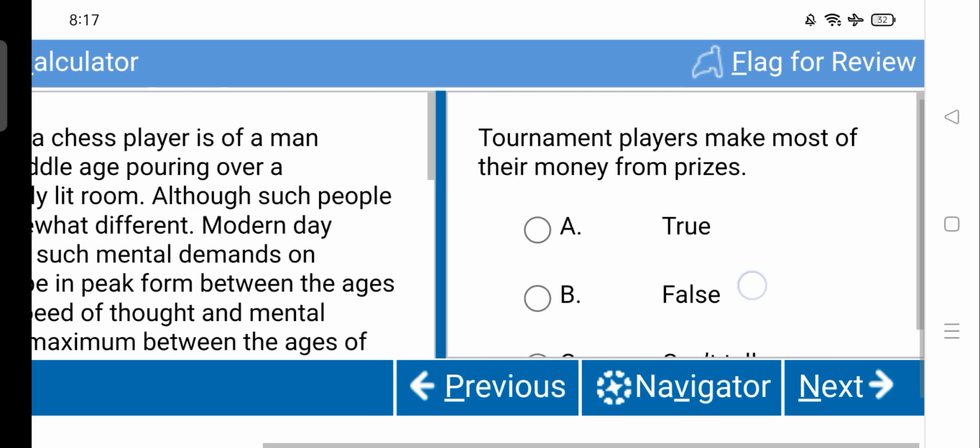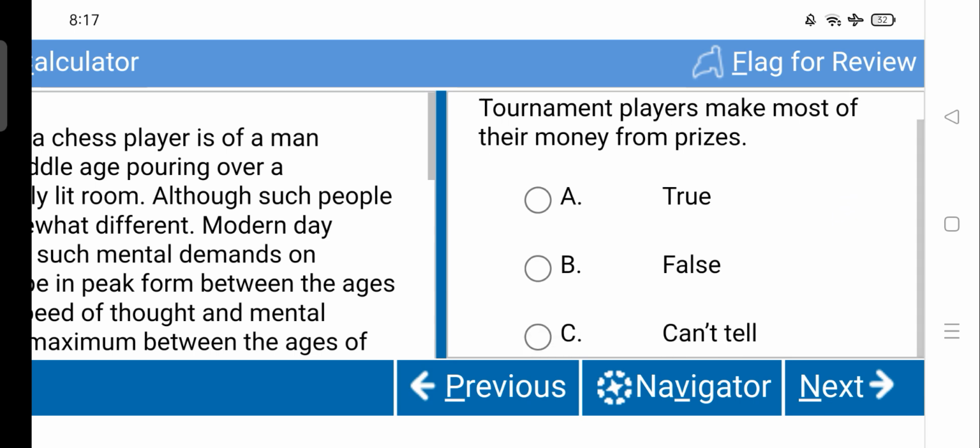Next we have tournament players make most of their money from prizes. Option A, true. Option B, false. Option C, can't tell.